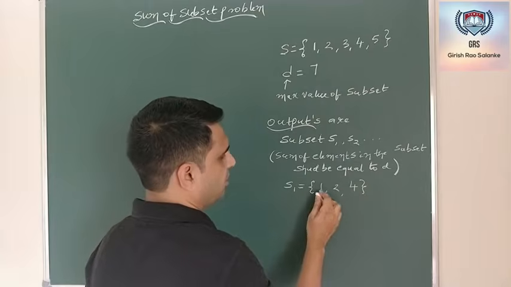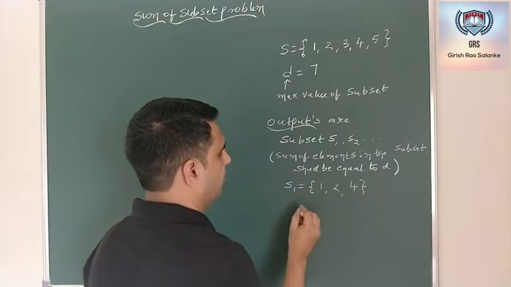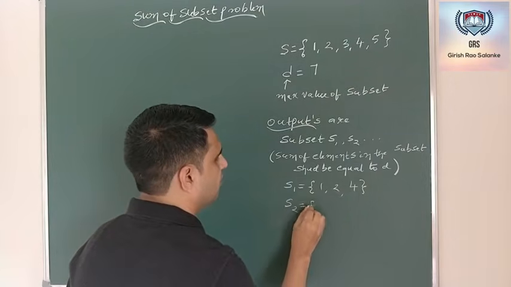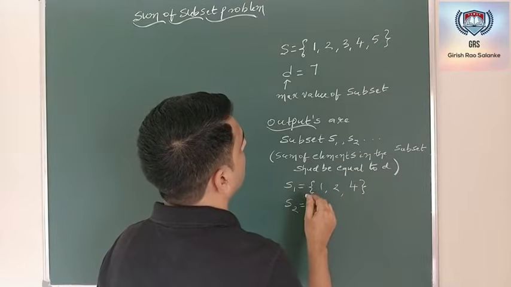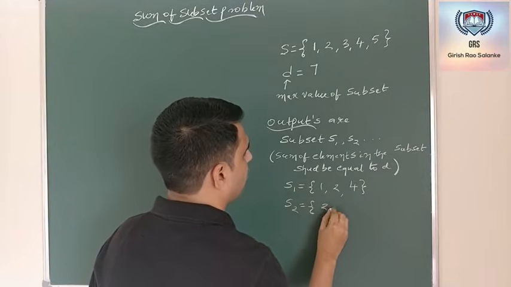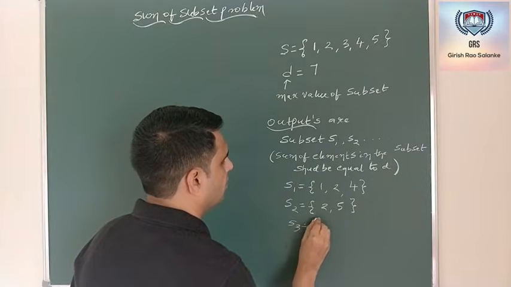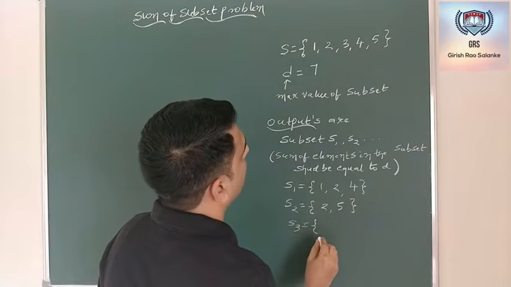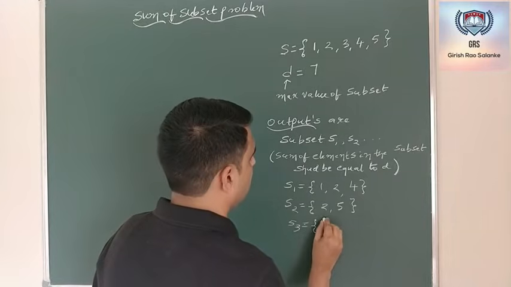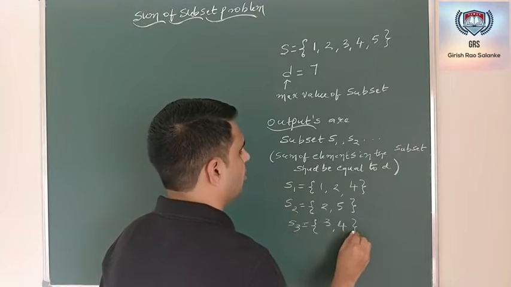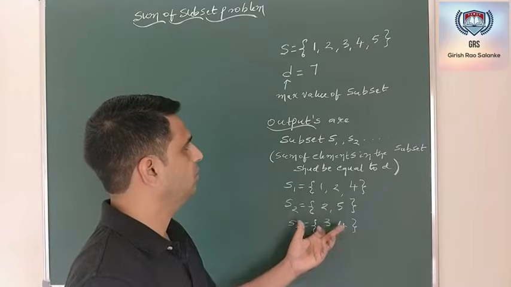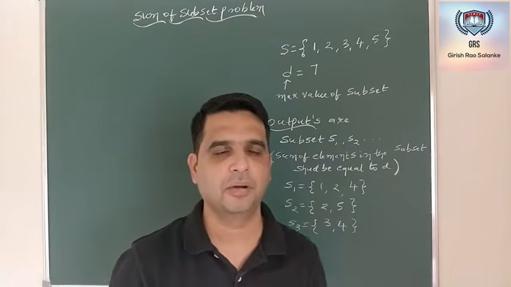If you see, the summation of these elements results in 7. Next, second subset, I can have 2 and 5, 7. The third subset, I can have 3 and 4. This is the solution to my sum of subset problem.